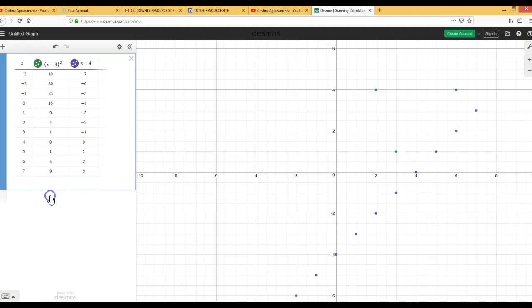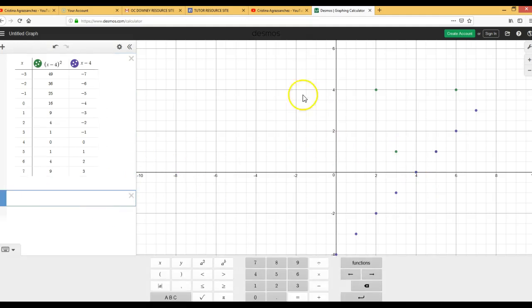In fact, if I wanted to draw an actual graph of these, I can do y equals parentheses x minus 4 parentheses squared. So I see that parabola now a little bit more distinctly.